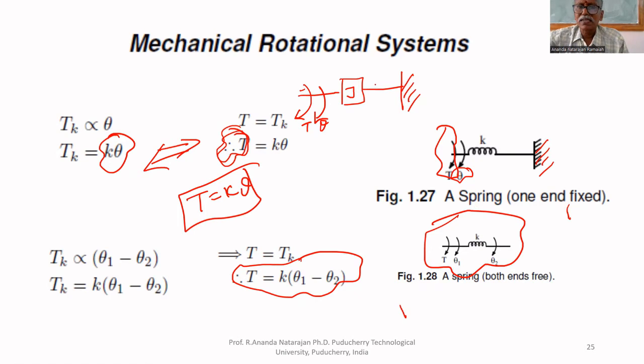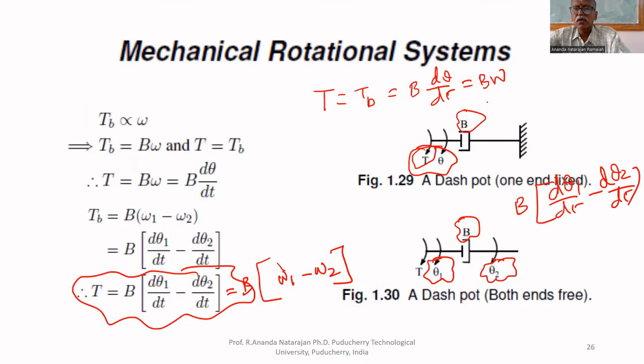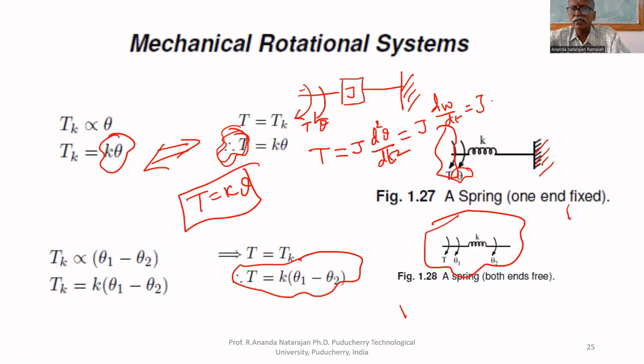Therefore, it doesn't have any spring effect or any dashpot effect. In that case, the applied torque equals the reaction torque J d²theta by dt², or J d omega by dt if you know the velocity, or J times angular acceleration alpha. You can write J alpha.